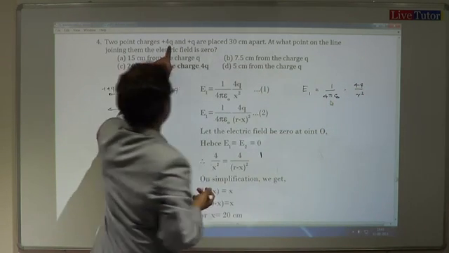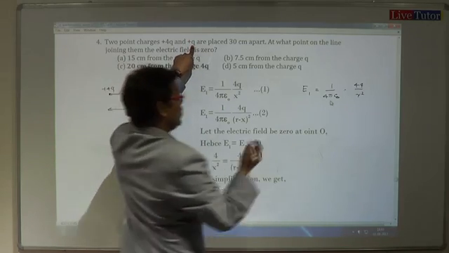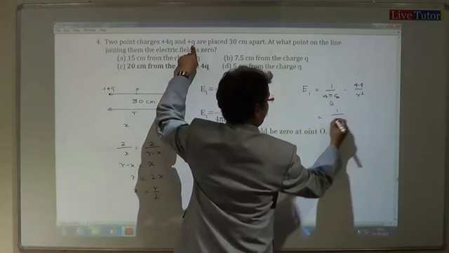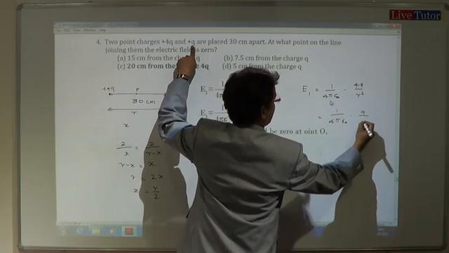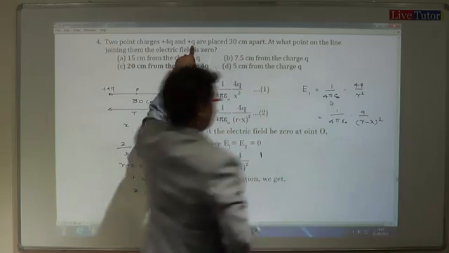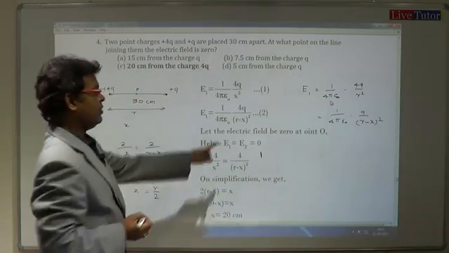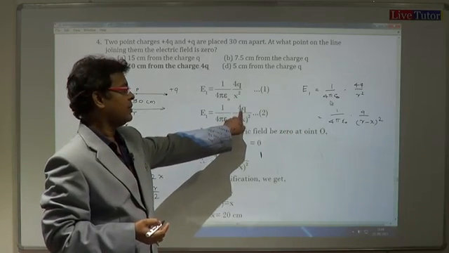First equation, because it is plus 4q. But what is the second point? This is only q, isn't it? So, the second equation should be 1 by 4 pi epsilon naught into q by r minus x whole square. But here you have taken 4q. So, you have to correct it. In your paper also, just correct this so that it will become correct.